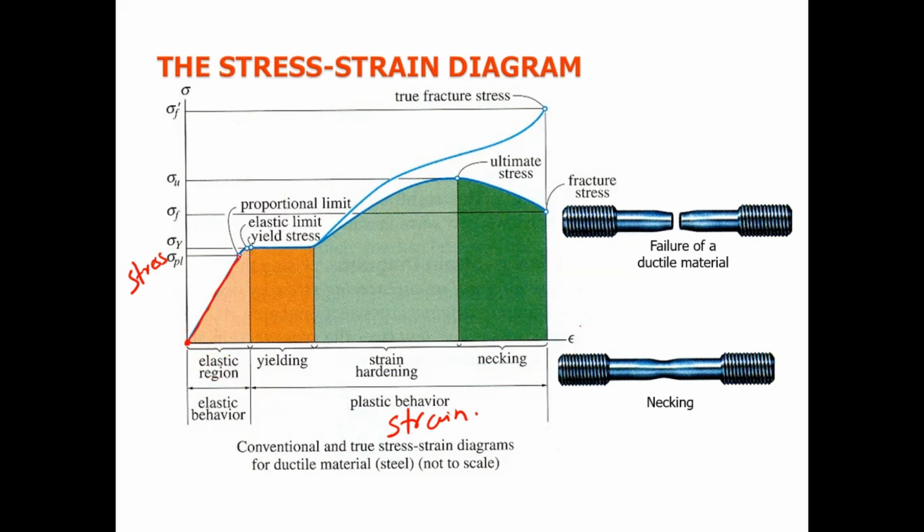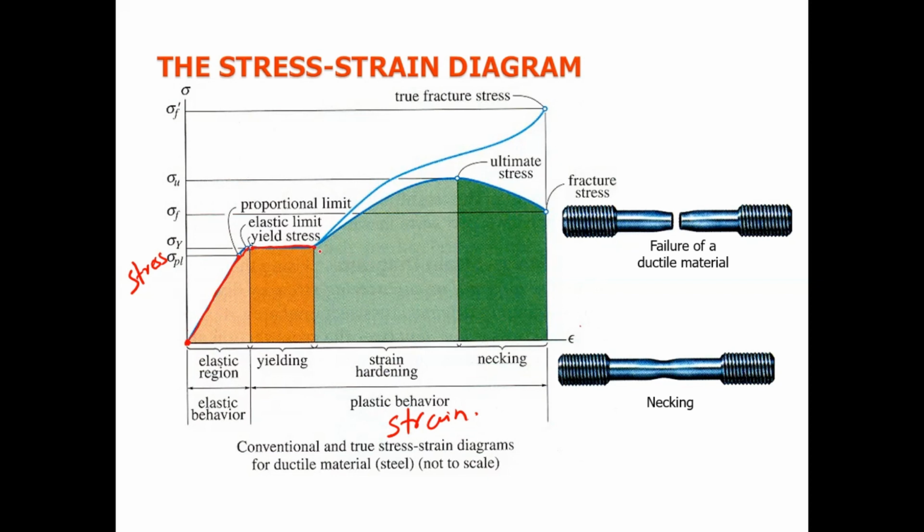Then it slightly starts changing, and then it leads to the yield stress. Then it is yielding. Yielding is the point where there is strain in the body with a constant load.